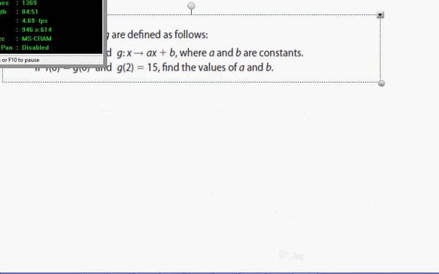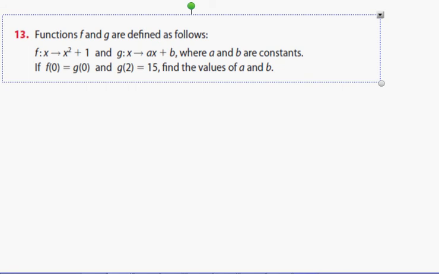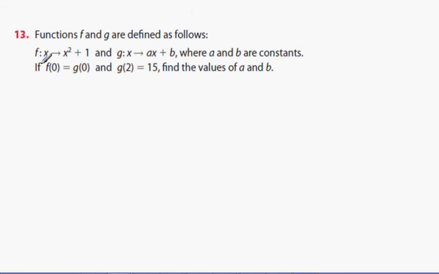What we're going to be doing here is the functions f and g are defined as follows. f of x equals x squared plus 1, g of x equals ax plus b, where a and b are constants. It says f of 0 equals g of 0. What does that mean we do with f of x? How do we get f of 0?